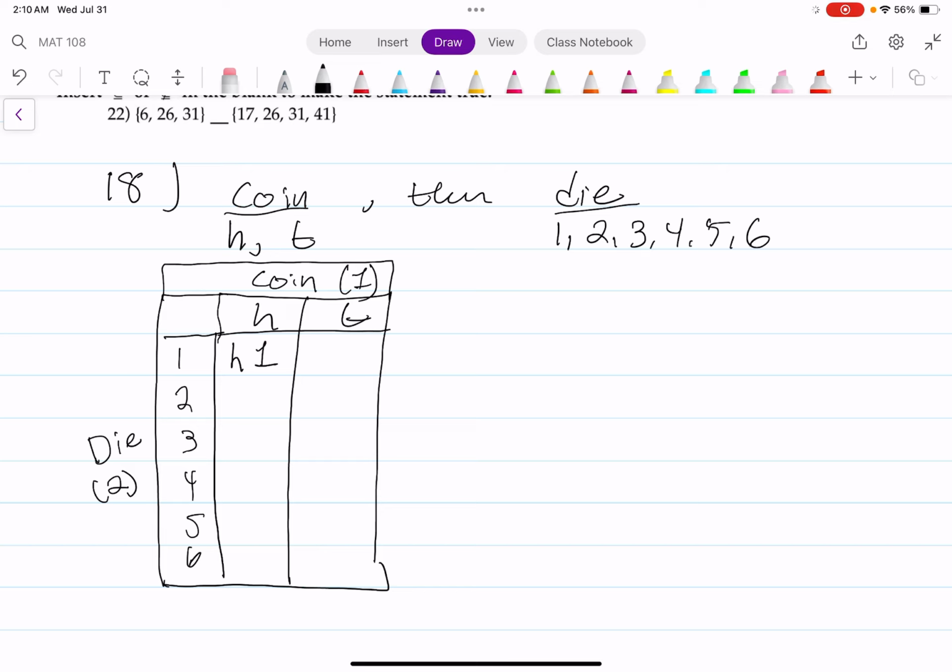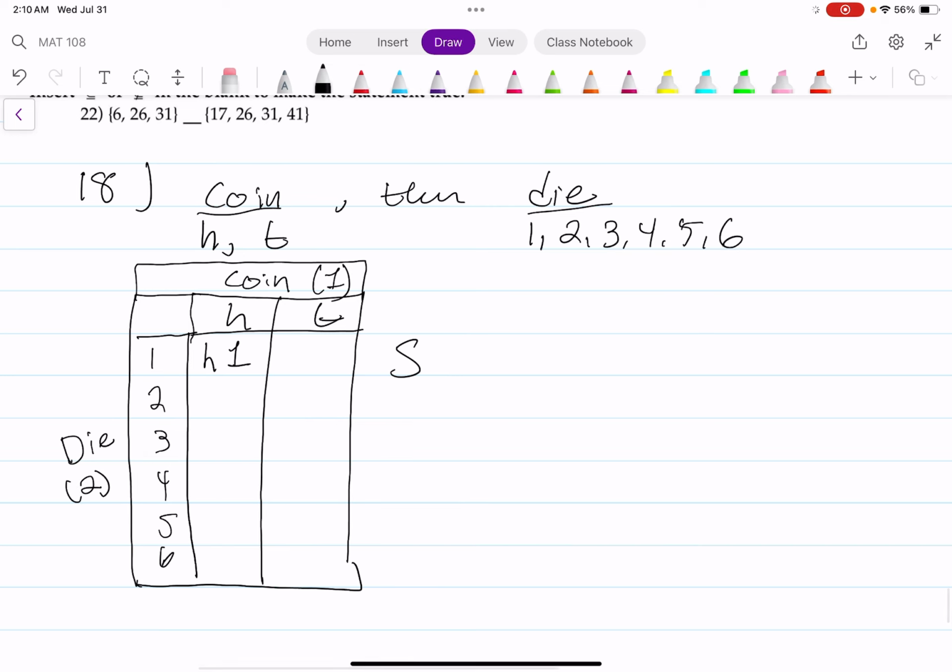That is the outcome of H1. So I'm going to call this my set, and I'm going to list it like this, H, 1. So I should write it like that as well too. You can have heads first, and the die rolls a 2. So that's the outcome of H2.